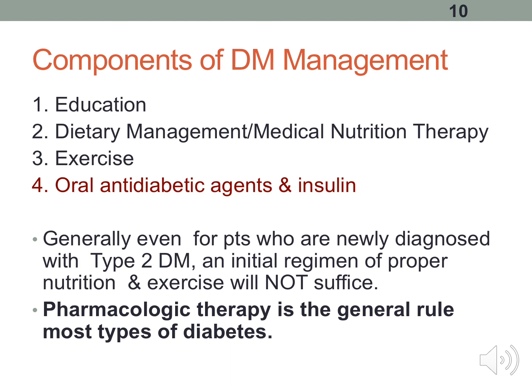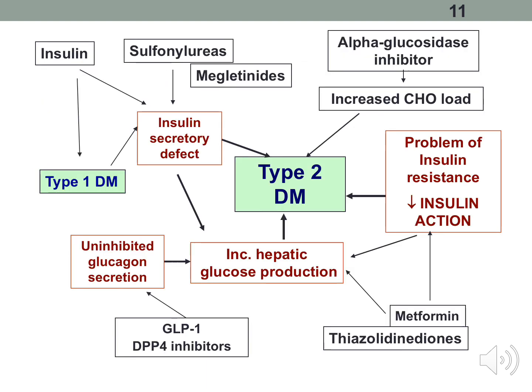Pharmacologic therapy is the general rule for most types of diabetes, especially for type 1 and type 2 diabetes. And so, in the next slide set, we will begin to talk about the different pharmacologic approaches to the treatment of type 1 as well as type 2 diabetes mellitus.